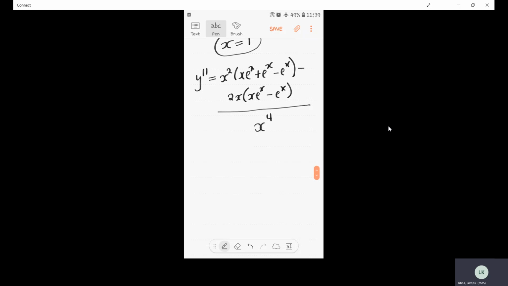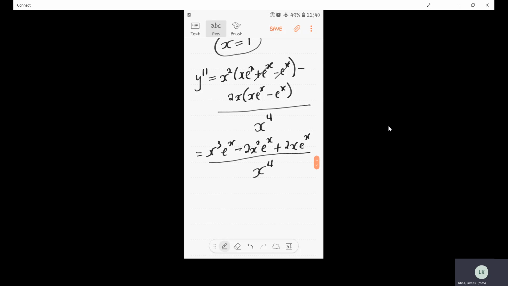Then if you simplify, what can be simplified? You'll notice that these two will cancel each other out. Then what I will be left with is x to the power of 3 e to the power of x minus 2 x squared e to the power of x plus 2x e to the power of x over x to the power of 4.